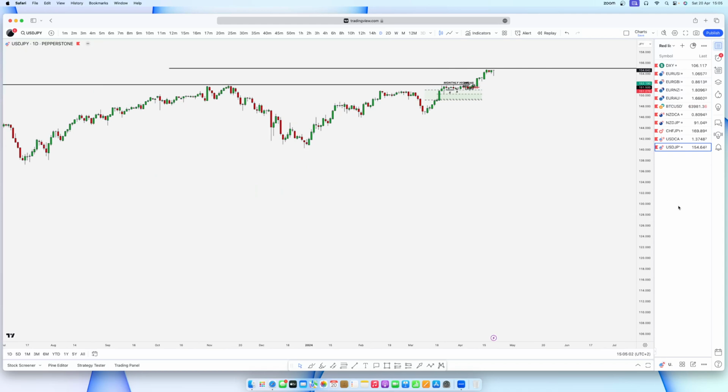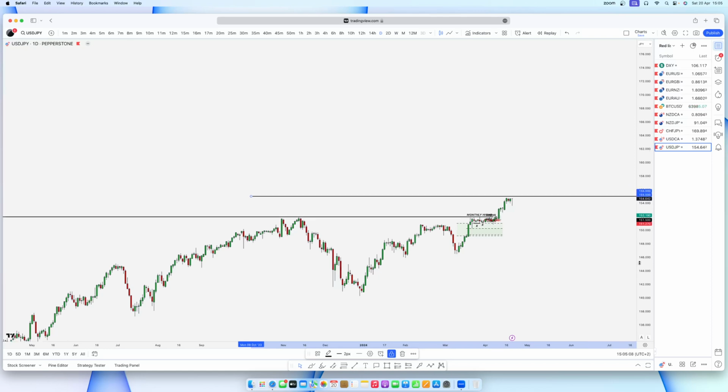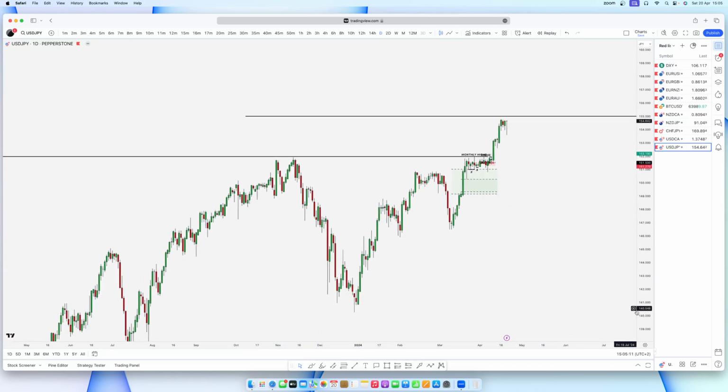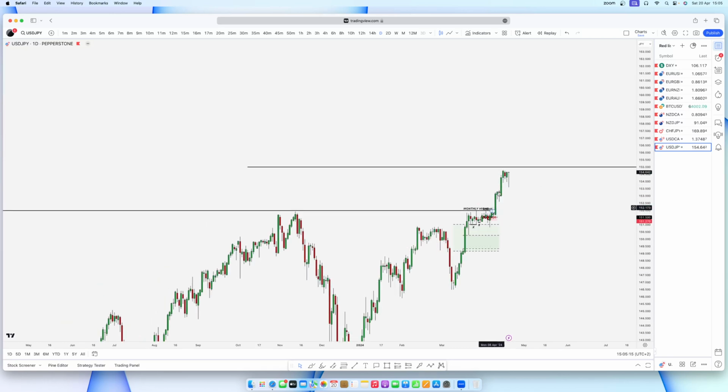I'm not seeing anything on this, except that I remember we said, can USD JPY come all the way to 155? Check the previous recording, where we were discussing USD JPY aiming for 155. I just want to let you know that price is so close to 155 now.